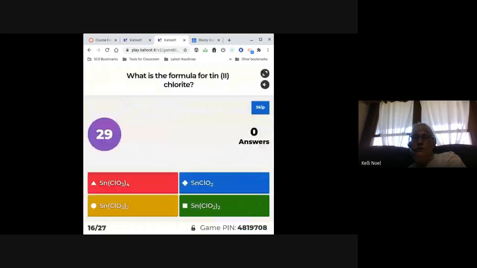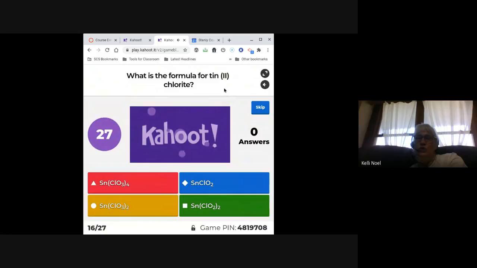What is the formula for tin(II) chlorite? Because this did not end in IDE, you notice it's a polyatomic ion.